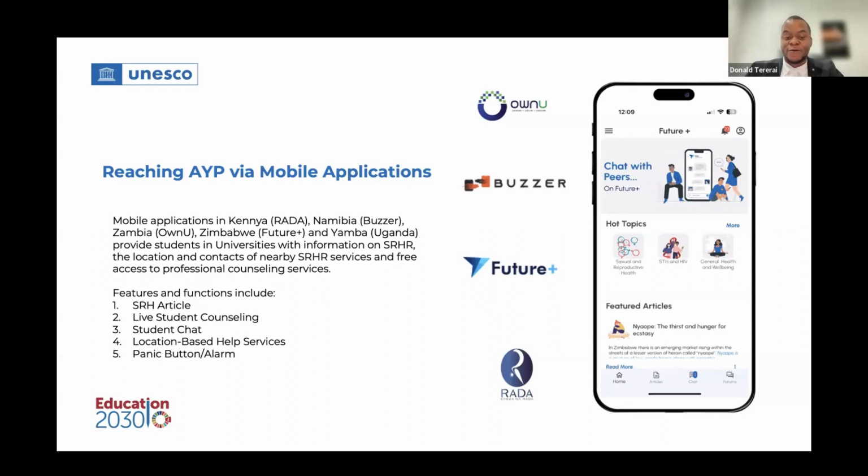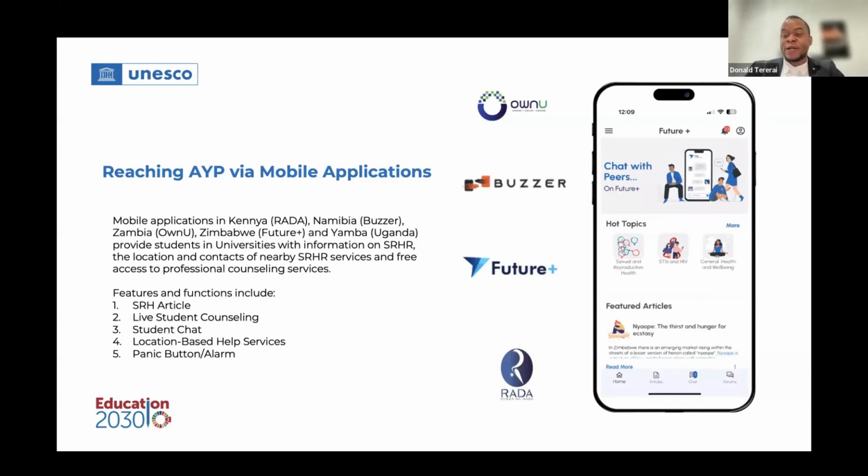For example, we've got student counselors that are available to provide counseling to the students via the mobile application. There is a panic button as well that students can use when they are in situations of distress and want to alert other students.